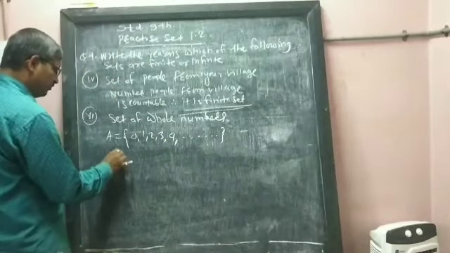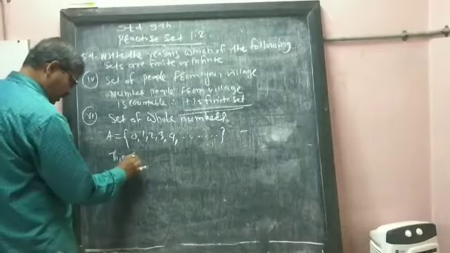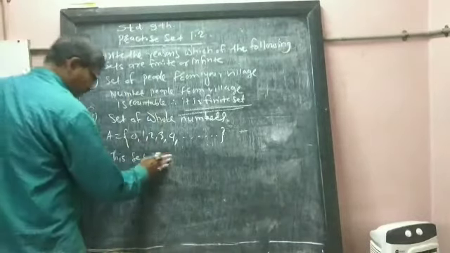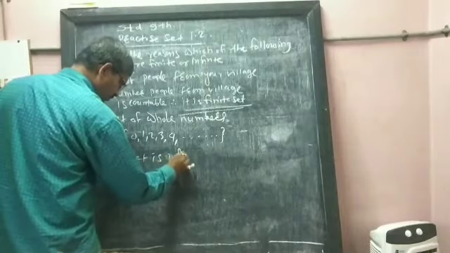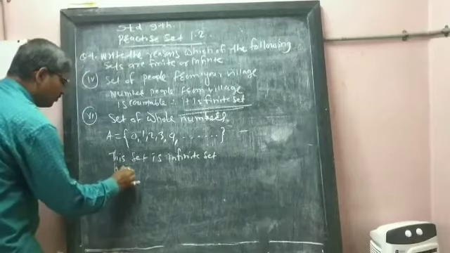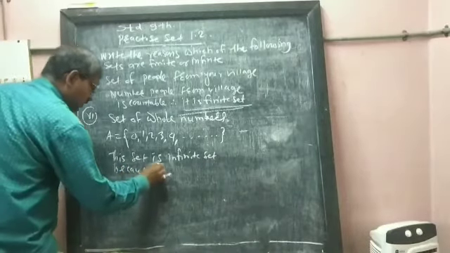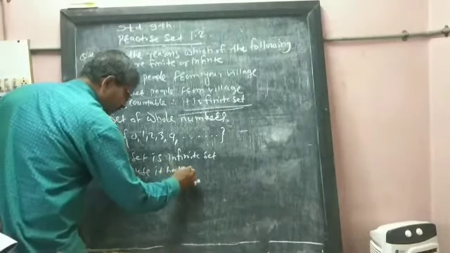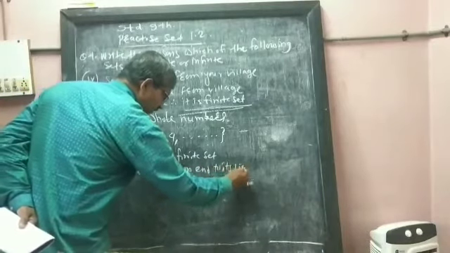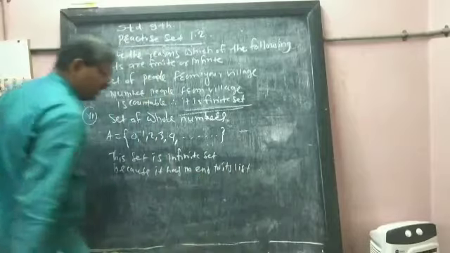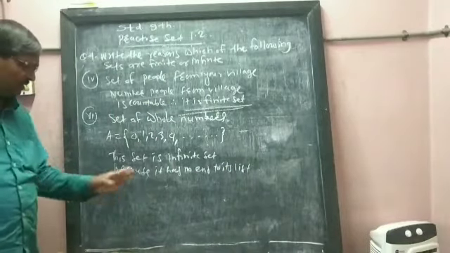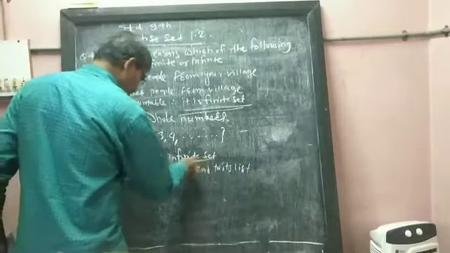This set is an infinite set because it has no end to its list. Yes, the whole number set is an infinite set.